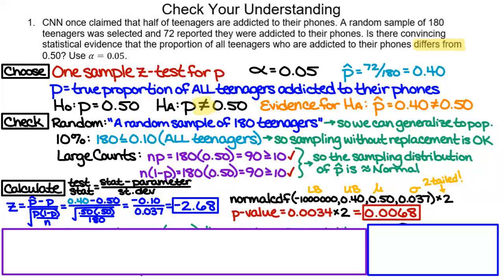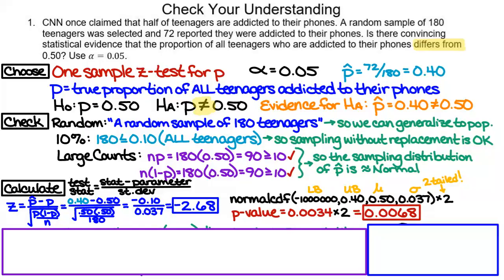So 0.40 minus 0.50 over the square root of 0.50 times 0.50 over 180. I always do my denominator first so that I can see what that is because I'm going to need my standard deviation over on my normal curve. And so I have negative 0.10 over 0.037, which gave me about a negative 2.68.